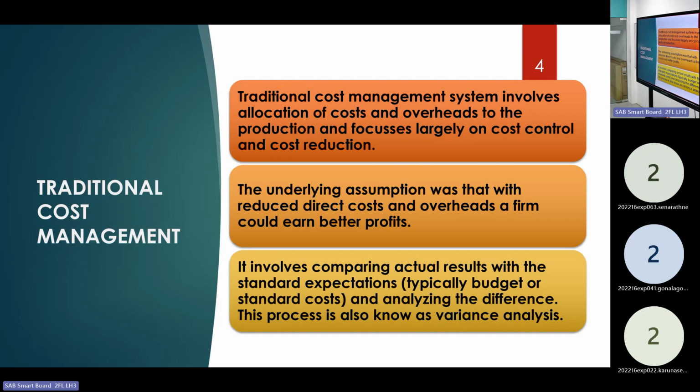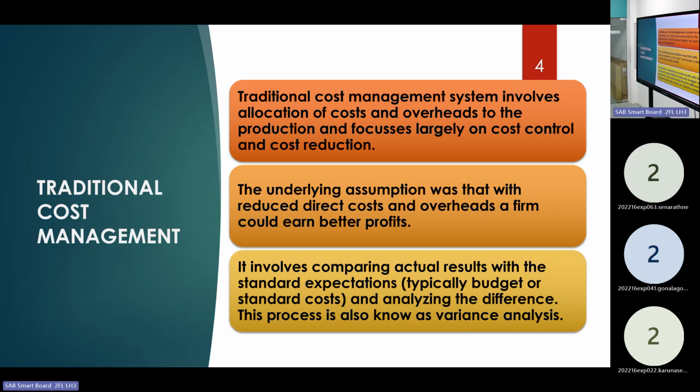The underlying assumption was that with reduced direct cost and overhead cost, a firm can earn better profit. That is true to a certain extent. When you reduce direct cost and overhead cost, you will be able to increase the profit.